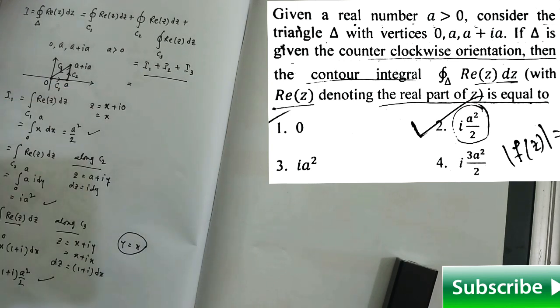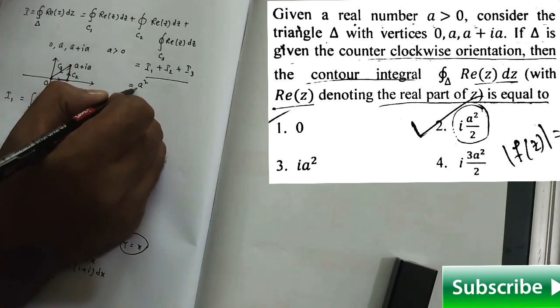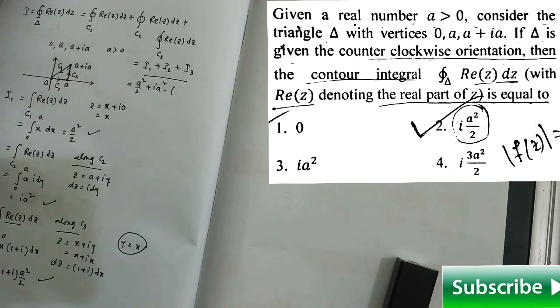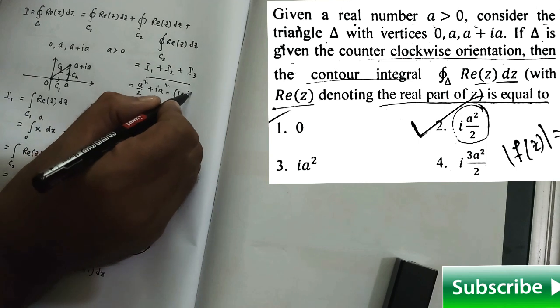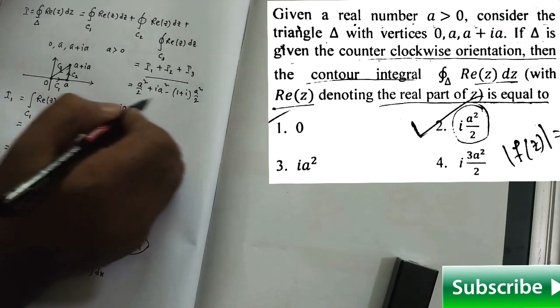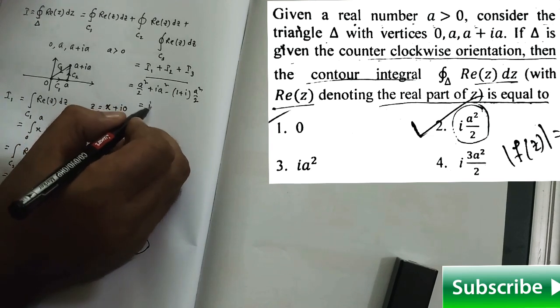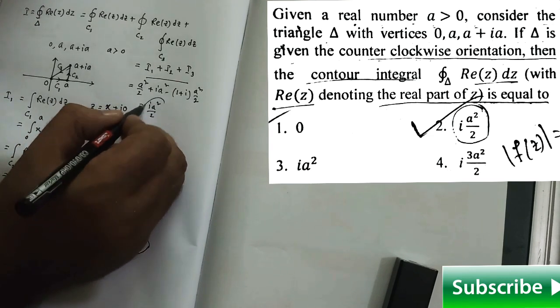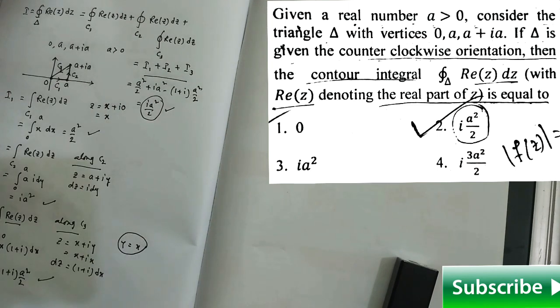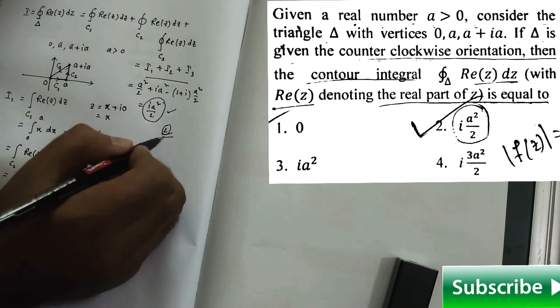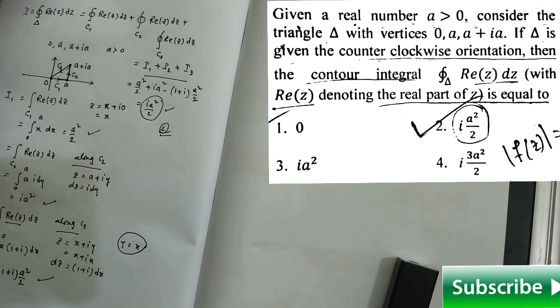So just plug the values here and you are getting 1 plus i to a square by 2. And after doing some calculation you have i a square by 2, and it is exactly your second option. So finally we have the second option as our correct one.